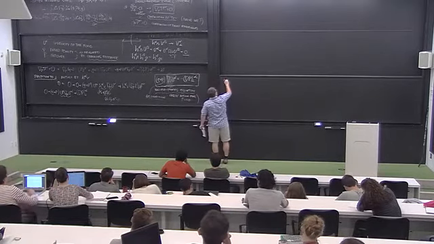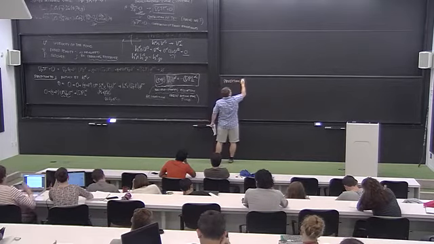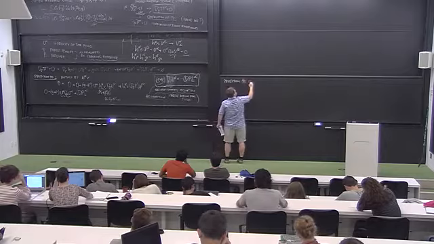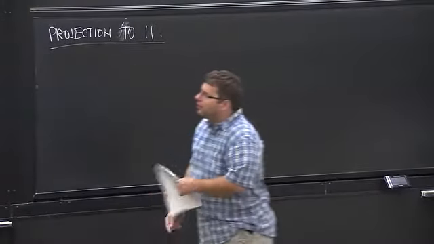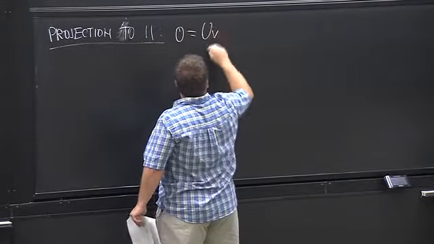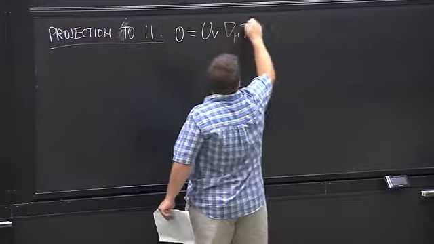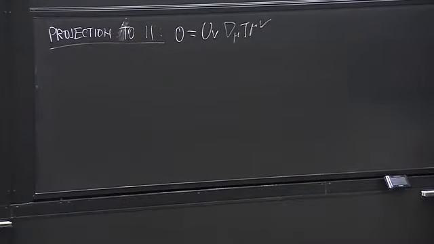By the way, I still have this equation nabla mu T mu nu. Now a projection, this time along the fluid. So I just multiply by u nu: 0 equals u nu nabla mu T mu nu. I'm just projecting along the flow.